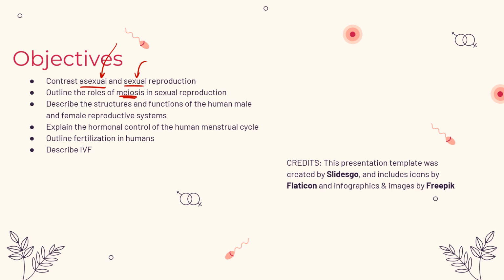We talked about structures and functions of the human male and female reproductive systems. We talked about the hormonal control of the human menstrual cycle, those 4 hormones that are so important for that cycle. We talked about fertilization, those different stages involved, and then IVF as a backup plan for natural methods of pregnancy. Great work today, my friends.